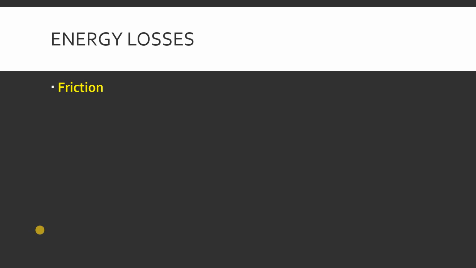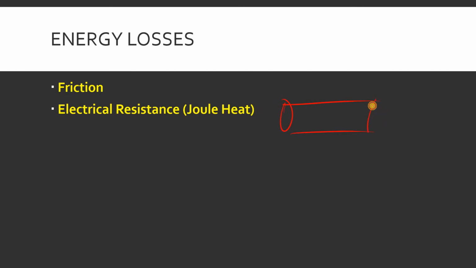First of all, energy can be lost through something called friction. The second one is electrical resistance. So if we're talking about a conductor of wire, the thinner the wire, you have little electrons that are flowing through the wire.